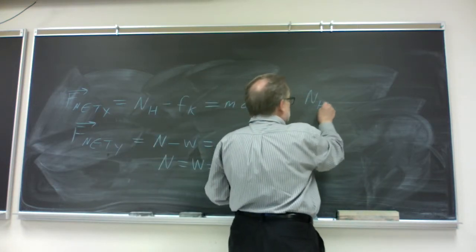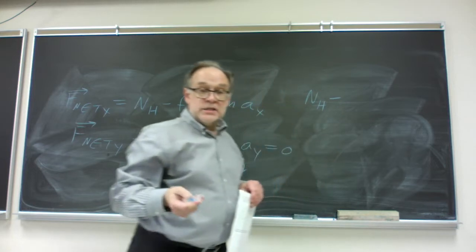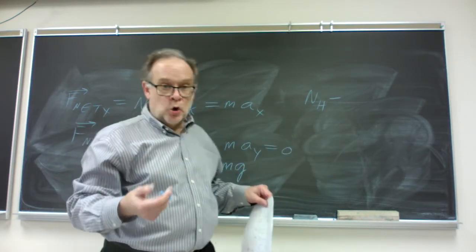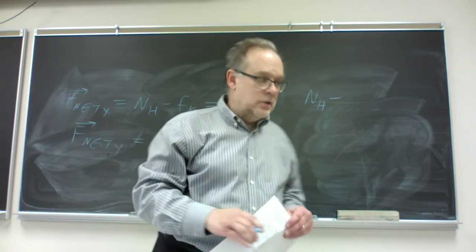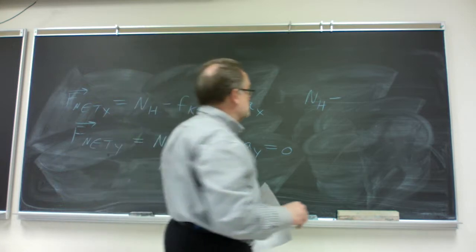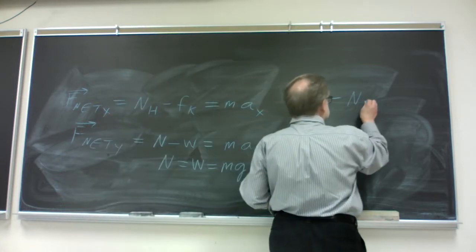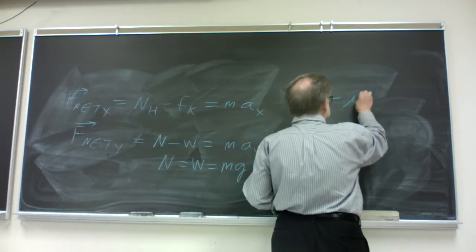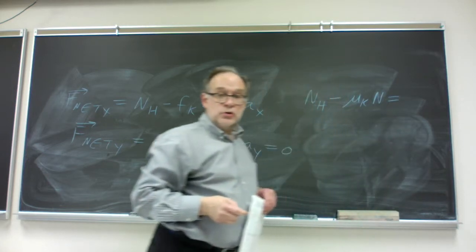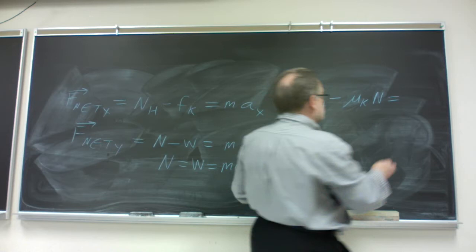Normal force from my hands minus the kinetic friction, and kinetic friction is always coefficient of kinetic friction times the normal force that comes from that same surface. And that's equal to mass times acceleration.